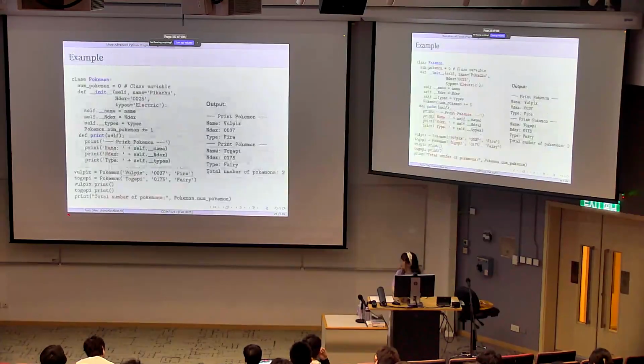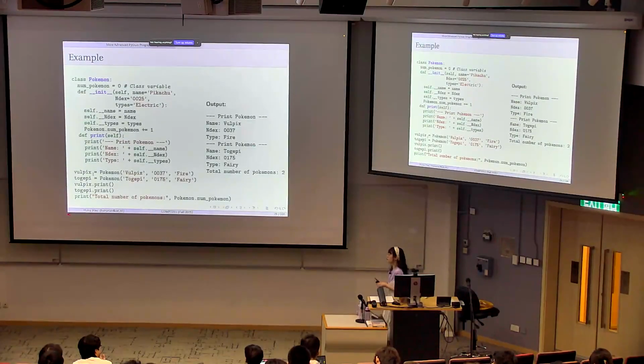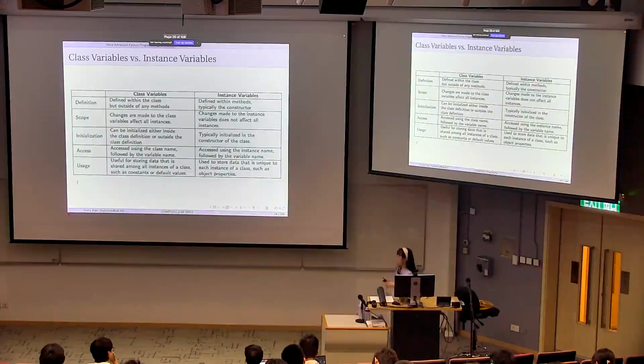That means if you make some changes to the first object's instance variable, of course for this example it's not a good example to change because we don't define the accessors and mutators. But if we have defined accessors and mutators, we can do that. And if you change any instance variable of one object, of course it won't affect Togepi, right? Because these are two different instances. If you change instance variables, it has nothing to do with other instances.